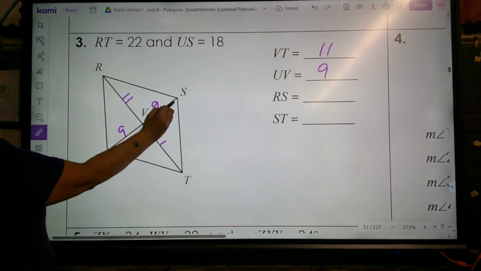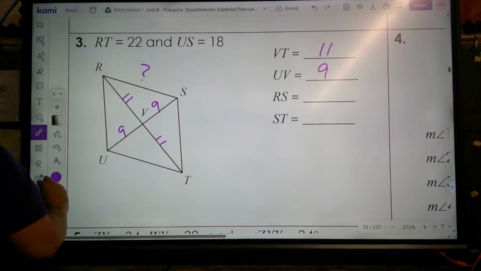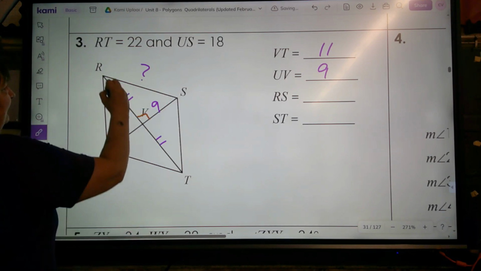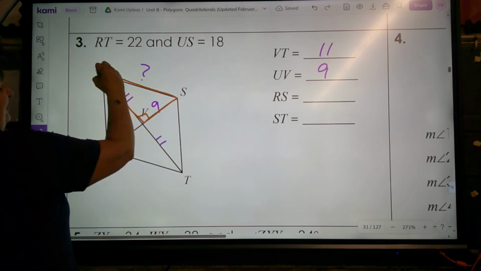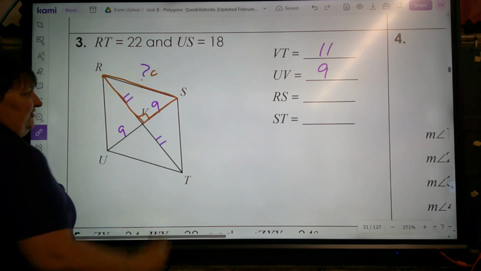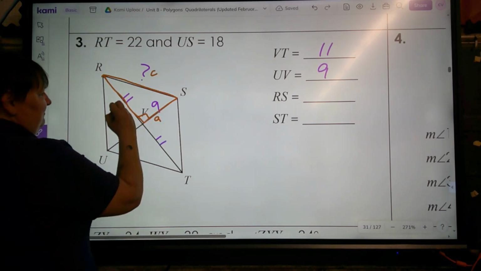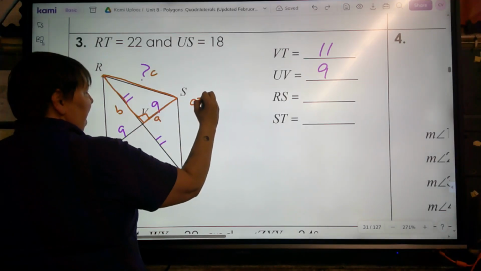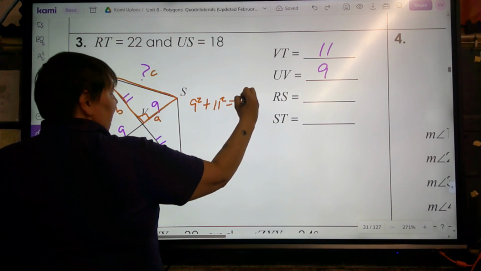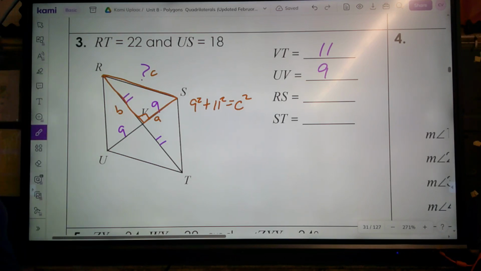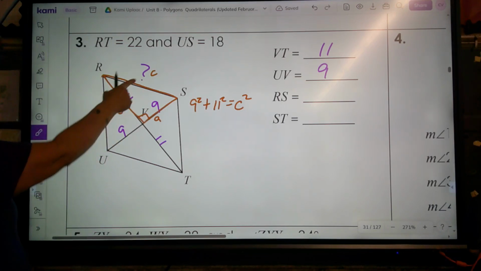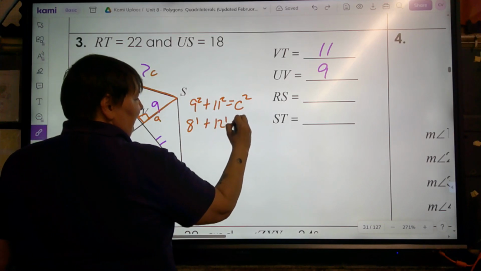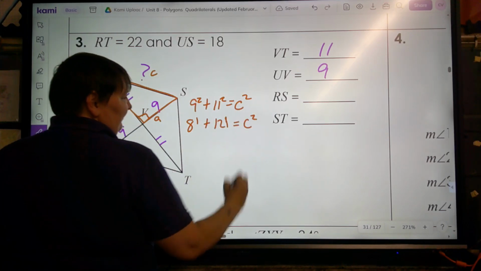R to S. This is our question mark. Do we have a right triangle? Well, we know that this is a 90-degree angle. We have one side, two sides, and an unknown. C is our unknown. All right, so A, B, C. So 9 squared plus 11 squared equals C squared. So 81 plus 121 equals C squared.